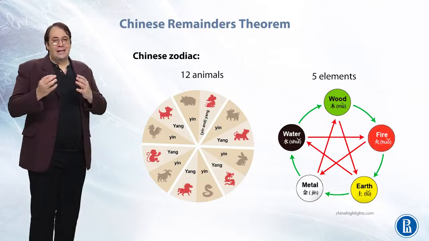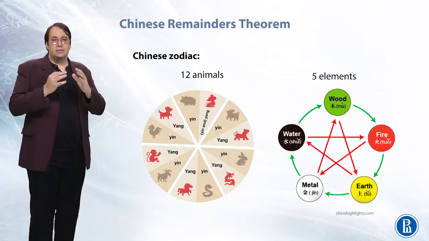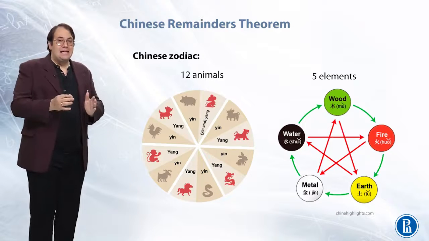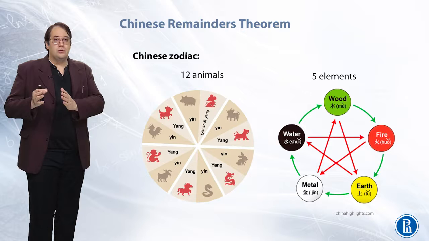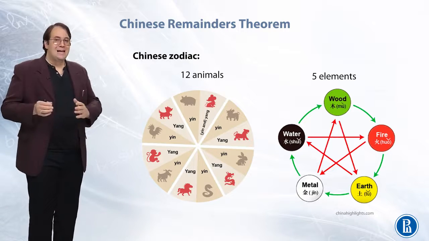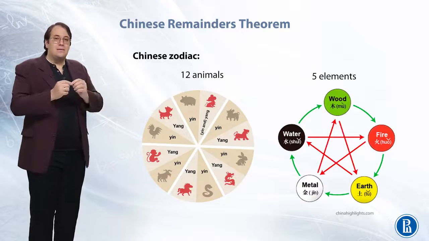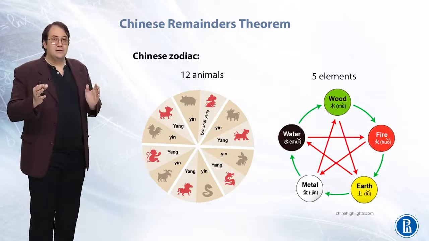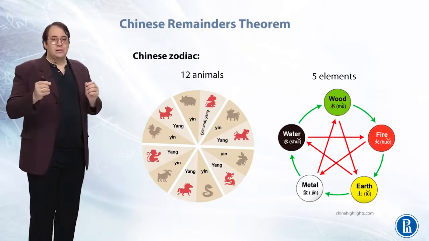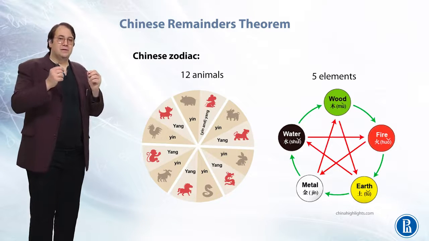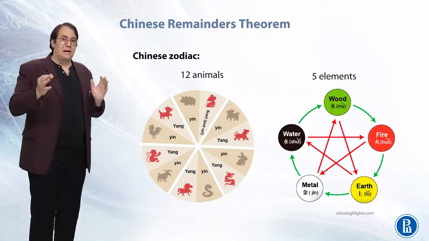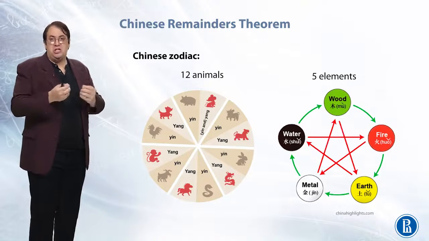And as for the elements, 2 years correspond to one element, and the next 2 years correspond to another element, and the next 2 years correspond to another element. So the length of the cycle for elements is 10 years. Each element repeats in 10 years. At the same time, each animal repeats in 12 years, since there are 12 animals and each year has its own animal.